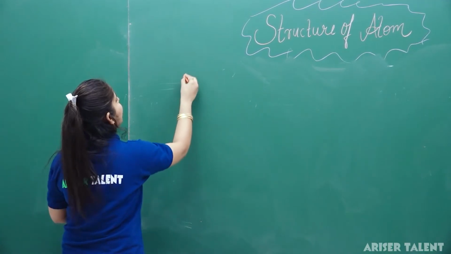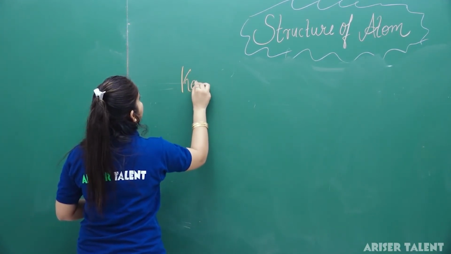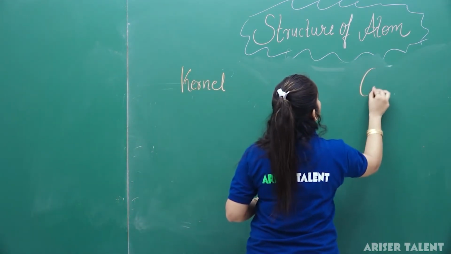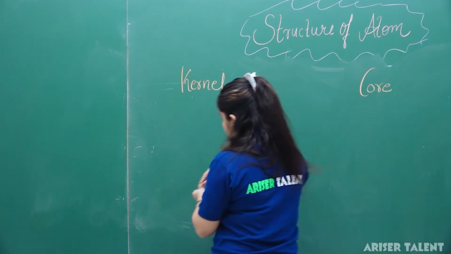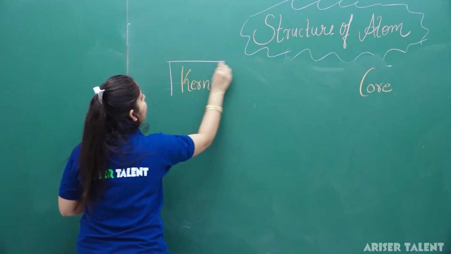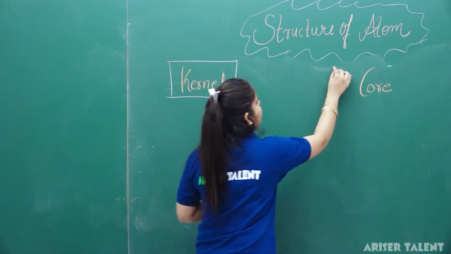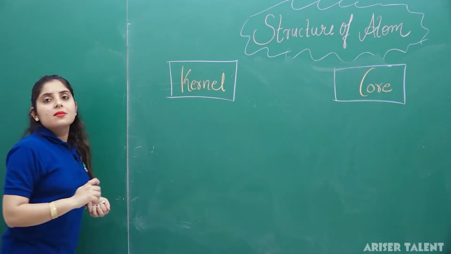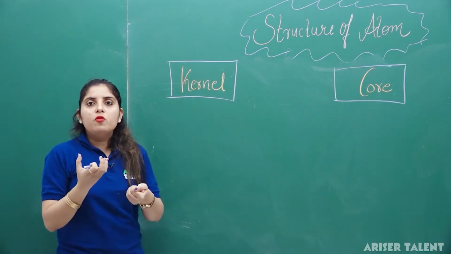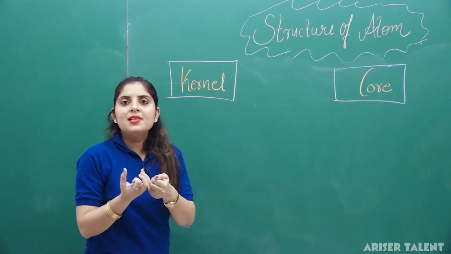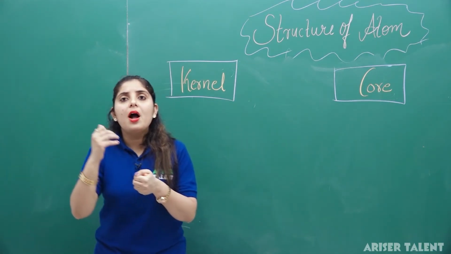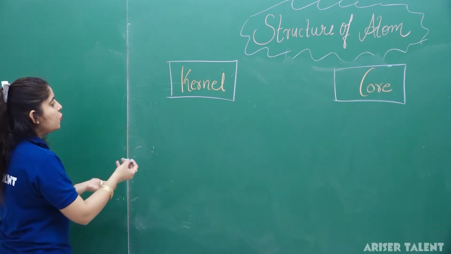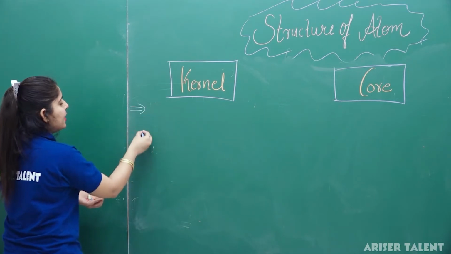So we are on our next term, that is kernel, and our second term is core. So what actually is kernel and what is core? I'm telling you now. Kernel means if an atom has a number of shells, the number of shells remaining after removing the outermost shell of an atom is known as kernel. So what actually the kernel is?